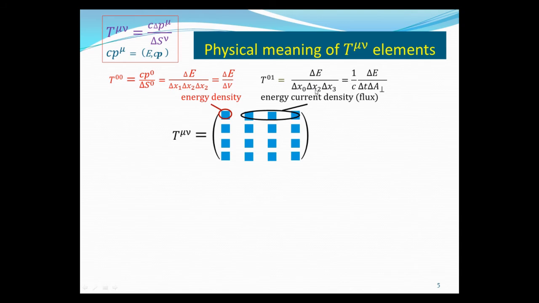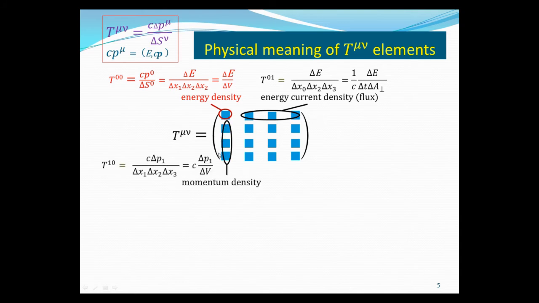Now delta x0 is c dt, so c times delta t. Delta x2 delta x3 is simply the surface perpendicular to the x1 direction, so it's the transverse area. Therefore it's energy per unit time per transverse area. That's just flux, the energy current density.